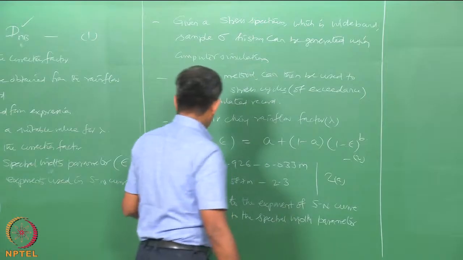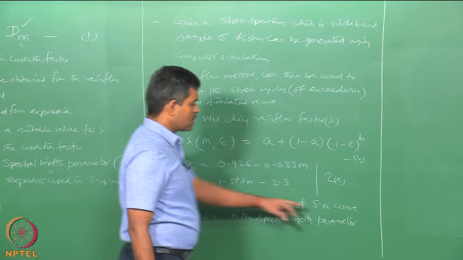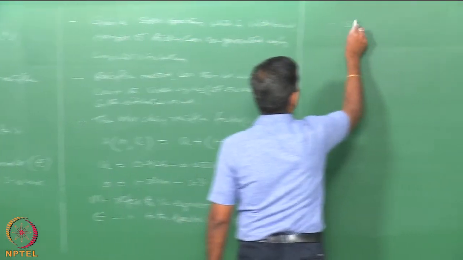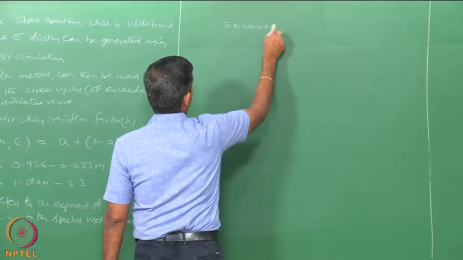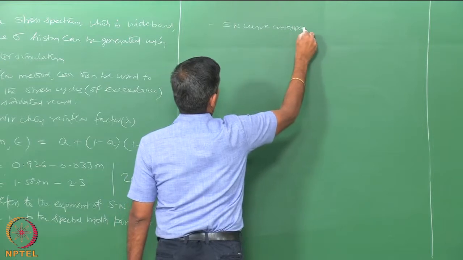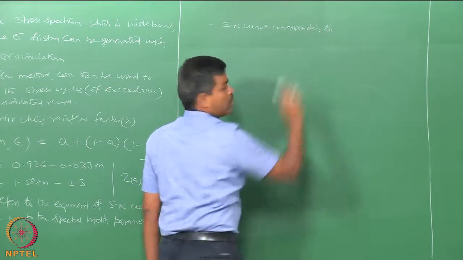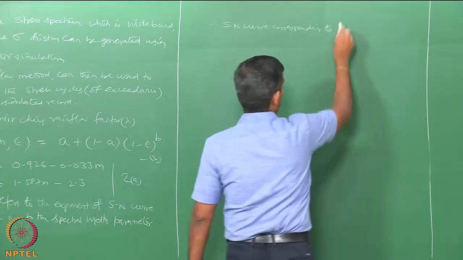Of course, m refers to the SN curve corresponding to low cycle ranges only.